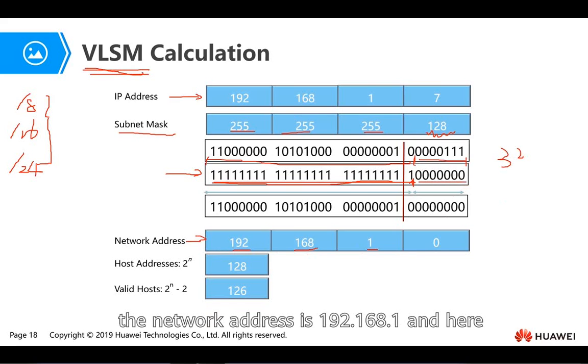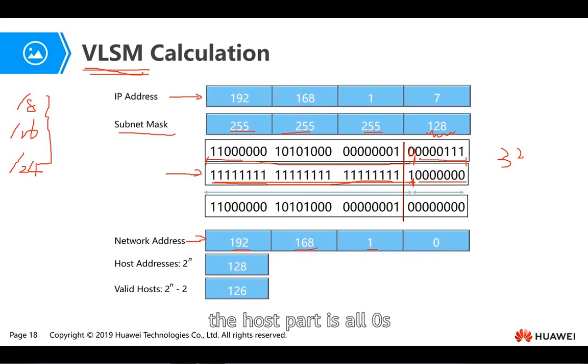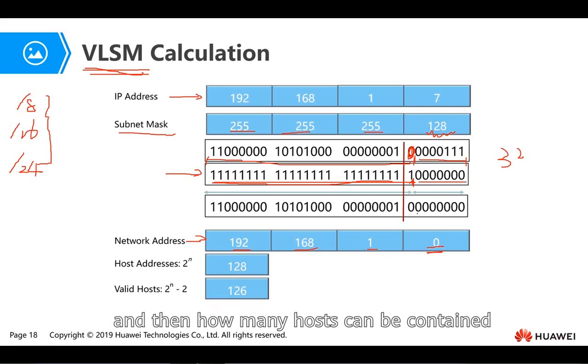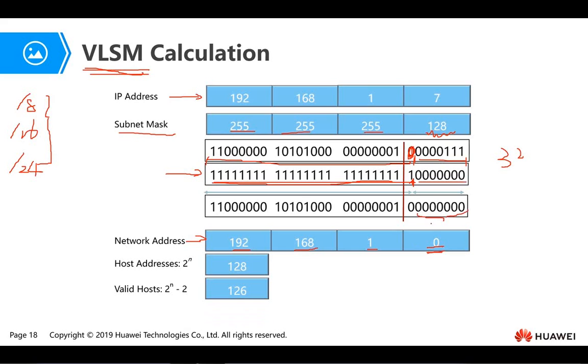The network address is 192.168.1, and here the host part is all 0, and the first bit of the last byte, the network part, is also 0. So the last byte is 0. How many hosts can this network contain? That's 7 bits, so 2 to the power of 7, which is 128.